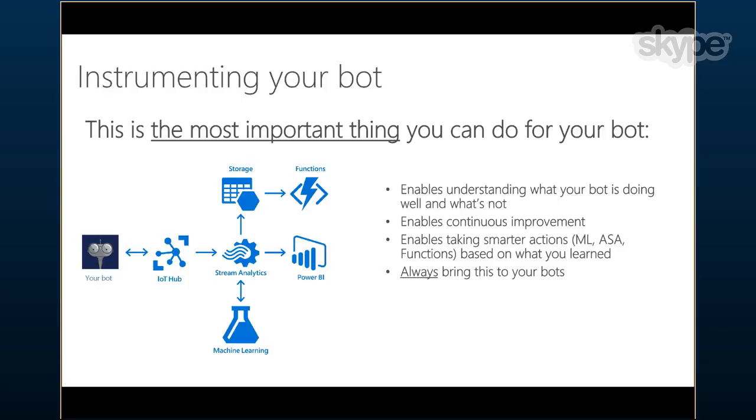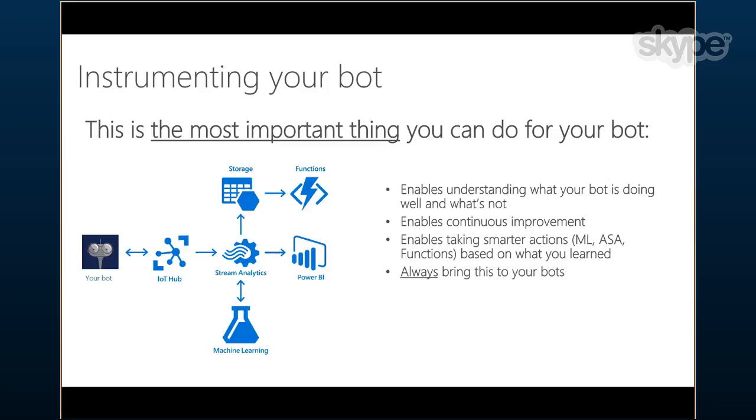So this is where you start to think about telemetry that might be added to your bot. So having your bot connected to IoT Hub and then a number of similar technologies such as Stream Analytics, machine learning, Azure Functions, and Power BI give you the ability to ask some very interesting questions about how people are interacting with your bots, the type of questions that they're asking, how far through the model of using your bot people are going, which channels they're using, how many messages per conversation are happening within your bot.